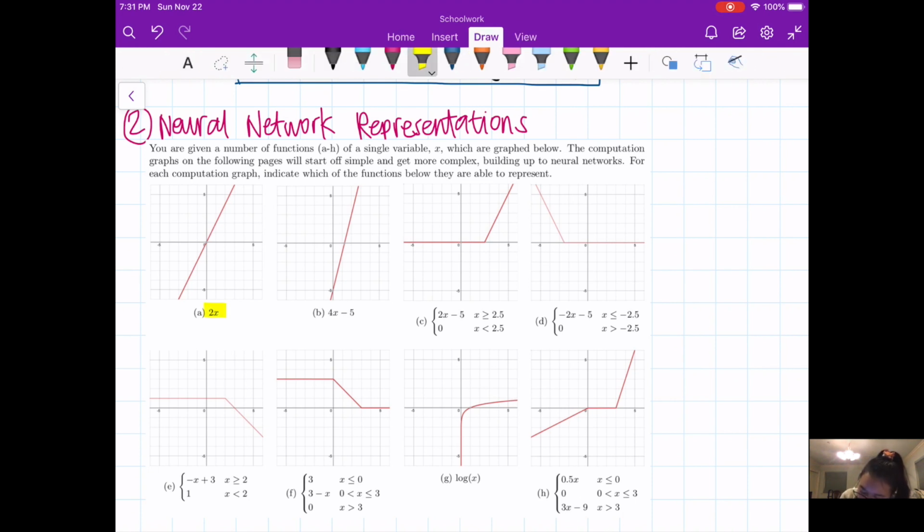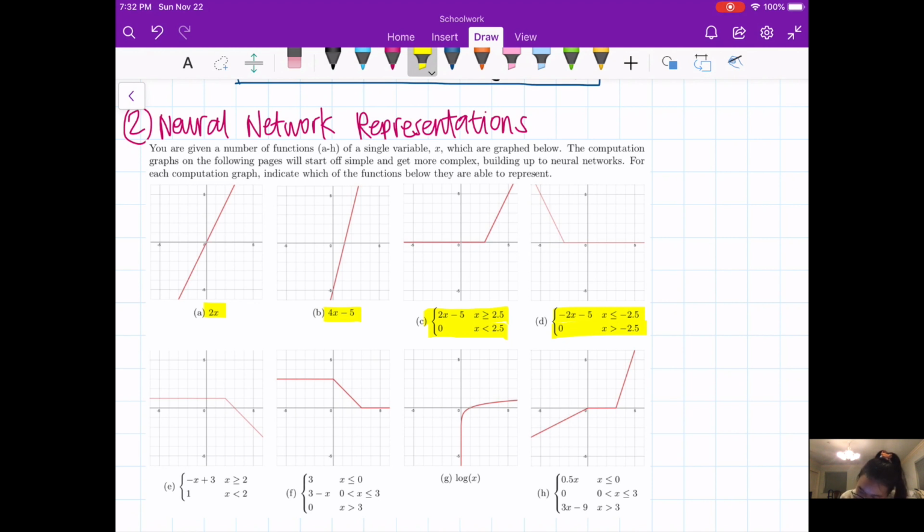So we have 2x, so just a linear function. And then we have 4x minus 5, so a linear function but shifted. So that's also what we call an affine function. And then we have a situation that's kind of like ReLU, where it's 0 in one case, but an actual line in the other case, and then the flip of that.